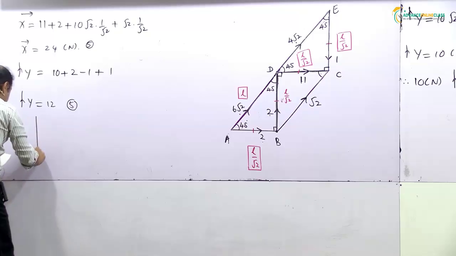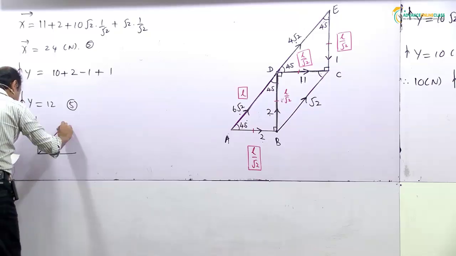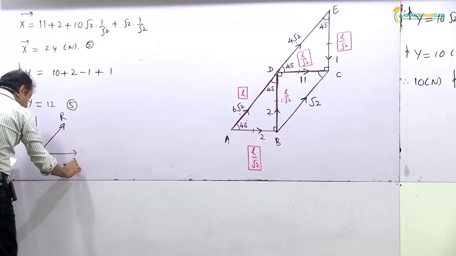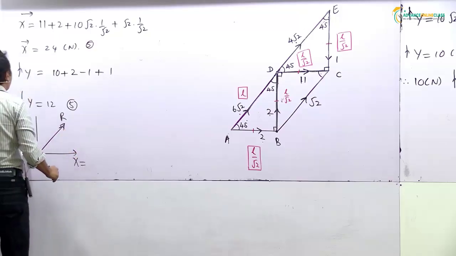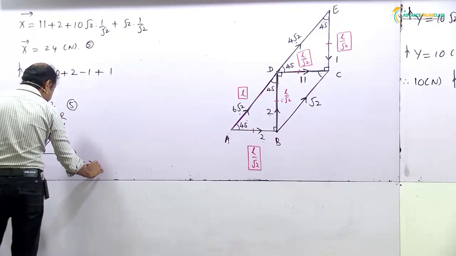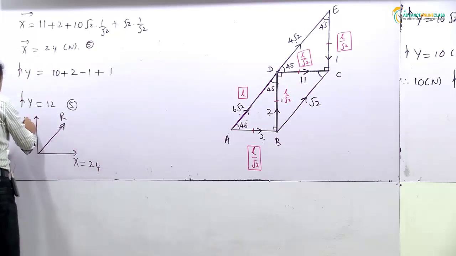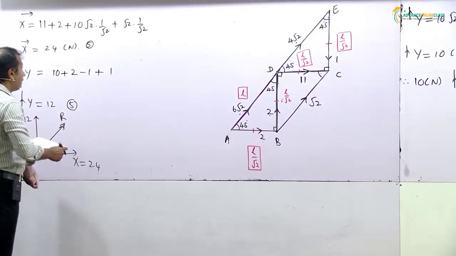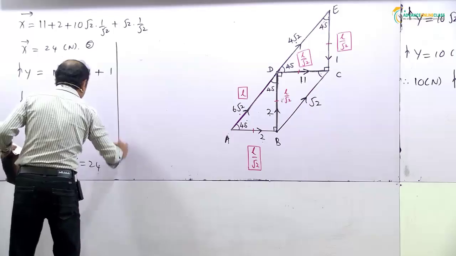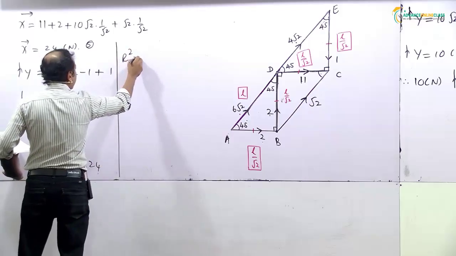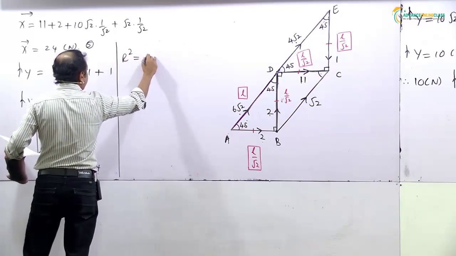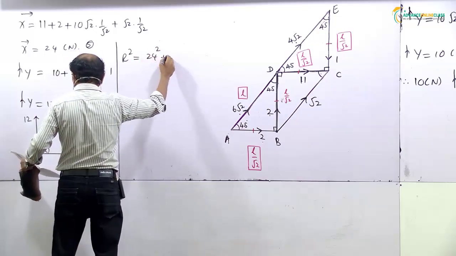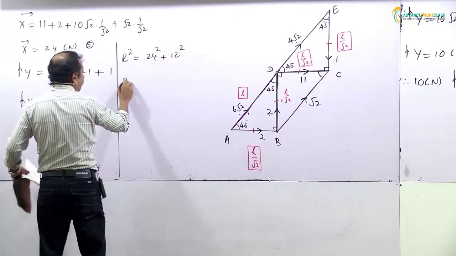Then what is the resultant force? If I take the result to be R, here X we have 24, Y we have 12. Let this angle be alpha. Then what is R squared? R squared is X squared plus Y squared, no? 24 squared, 12 squared.